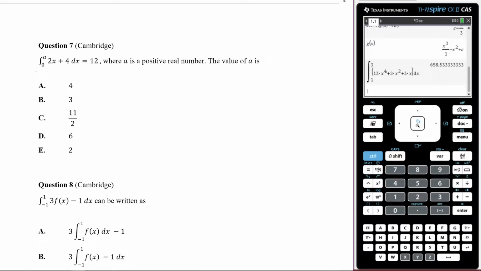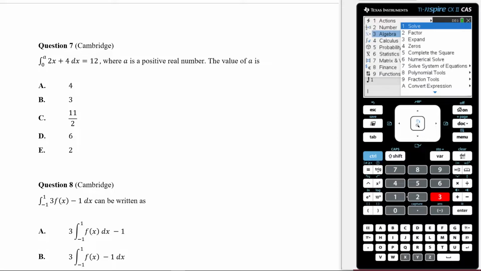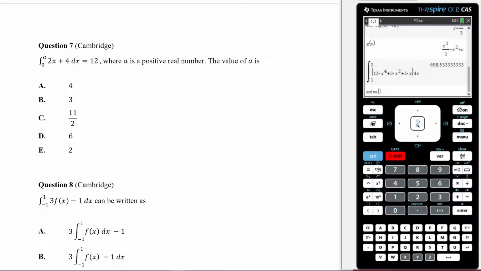Next, we're given this. So we're going from some unknown A to 0 of this is equal to 12, okay? Where A is a positive real number. Find the value of A. I'm going to use my solve function right here. I'm going to go menu, 3, 1. I'm going to go shift plus. I have 0 to A, and then I have 2x plus 4x.